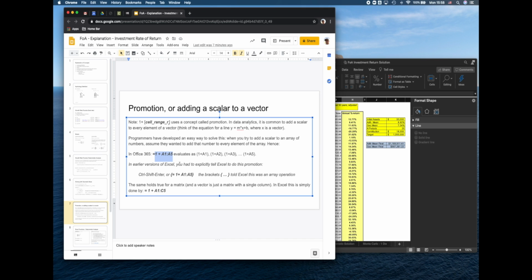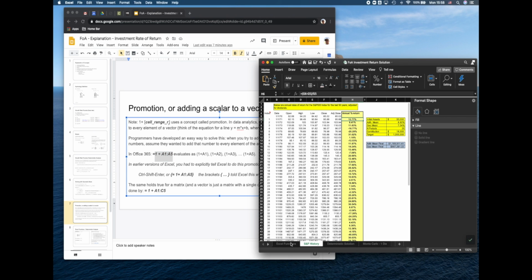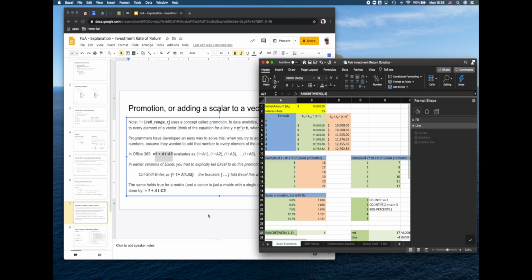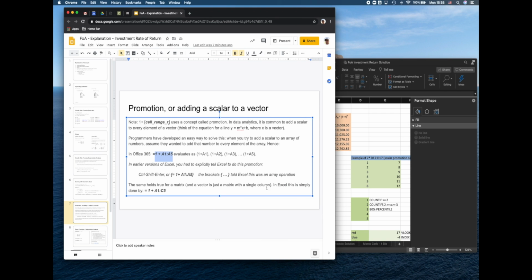And that is, in fact, what you do. In earlier versions of Excel, you have to tell Excel to do that promotion. I'm using Office 365, so you don't have to do it. But if you're using a different version of Office, then you do have to put in the brackets, or you can do the Command-Shift-Return that Dr. Tsay showed us.